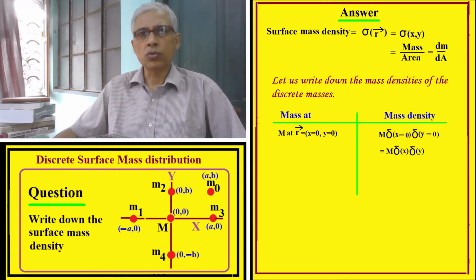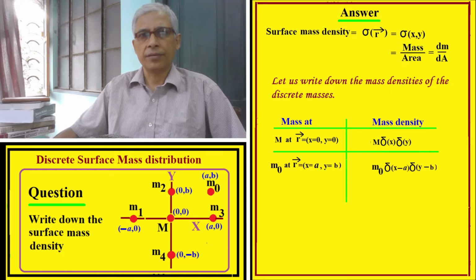Since it is a two-dimensional case, we will have a product of two Dirac deltas, and so the surface mass density will be capital M into Dirac delta of x minus its x position, which is 0, multiplied by another Dirac delta of y minus its y coordinate, which is also 0. So what we get is capital M into Dirac delta of x multiplied by Dirac delta of y.